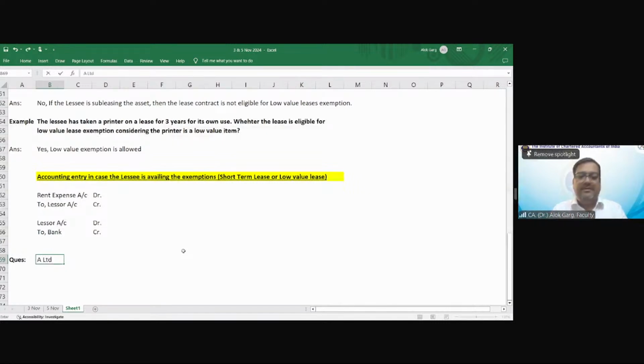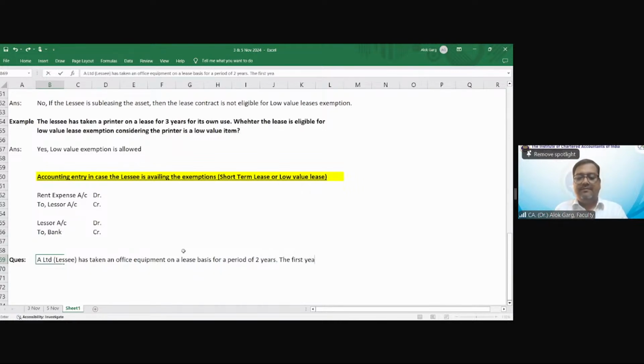A limited lessee has taken an office equipment on a lease basis for a period of 2 years.